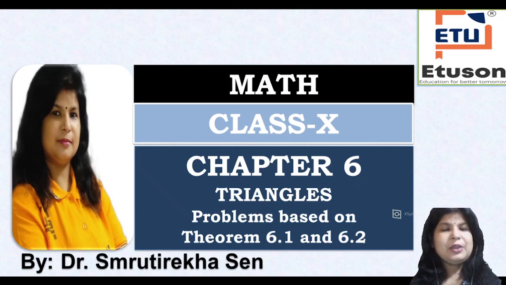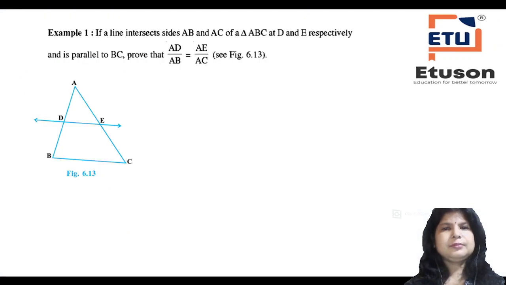So today we are going to solve problems based on Theorem 6.1 and 6.2 which we have learned in the previous video. So are you all ready for that? So let us start. So this is example 1.